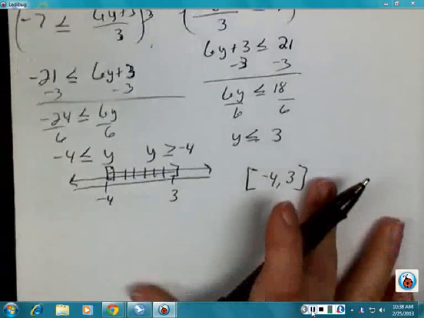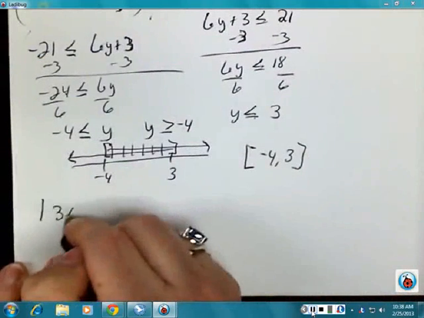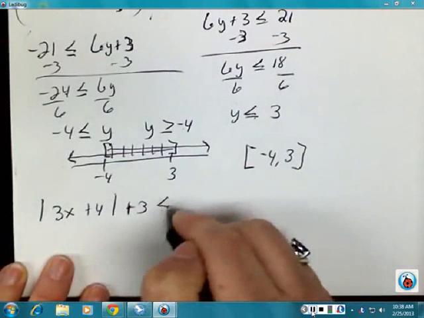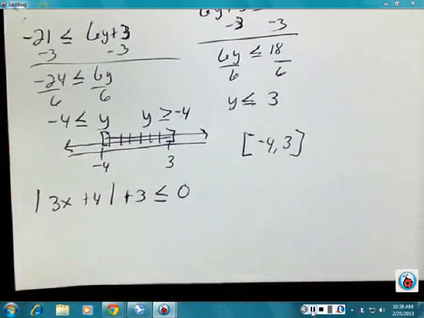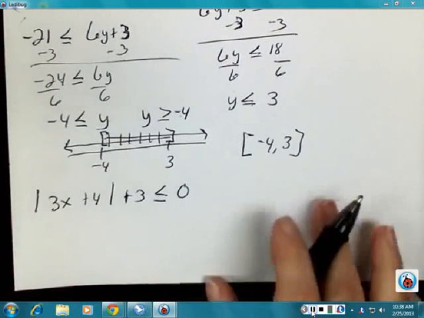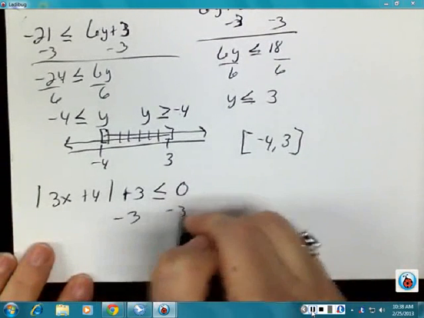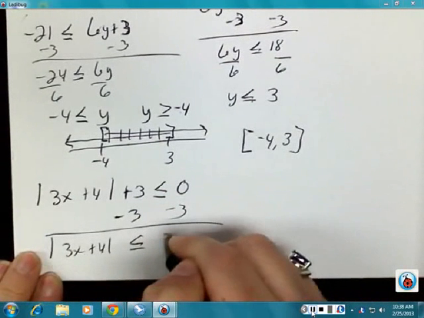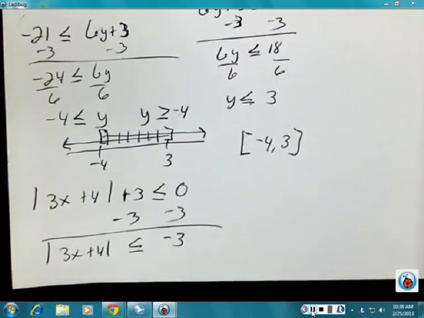Okay, how about this one? Absolute value of 3x plus 4, plus 3 is less than or equal to 0. So what's going to happen? We got a negative 3.